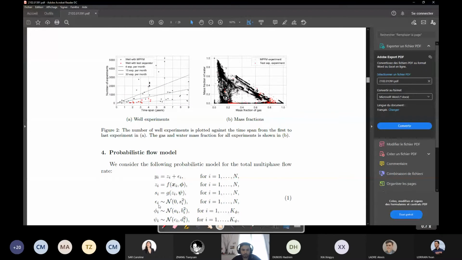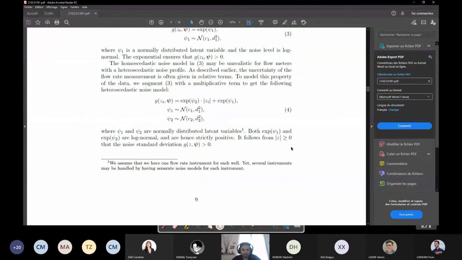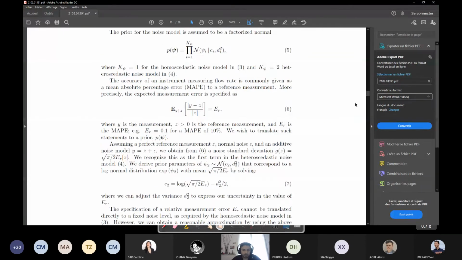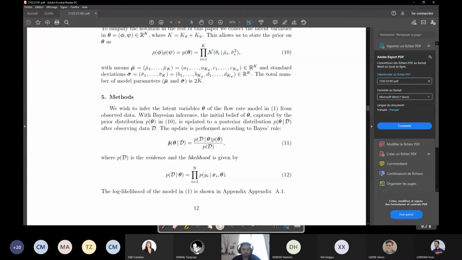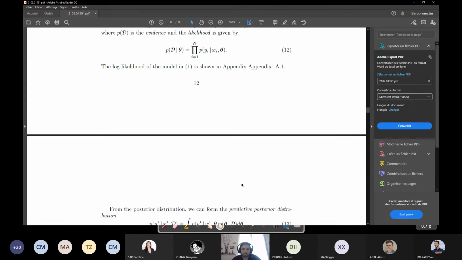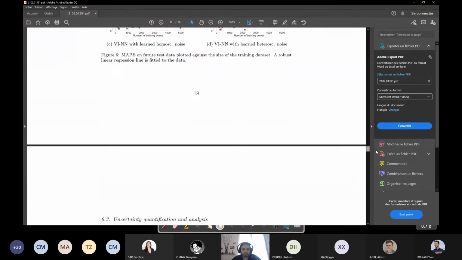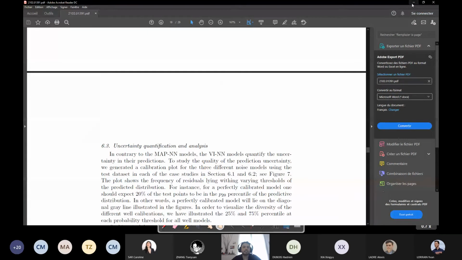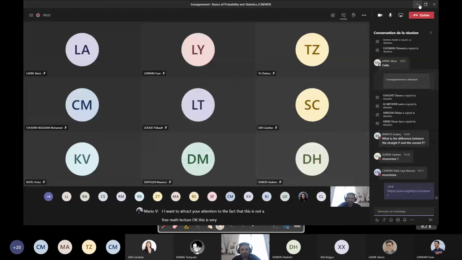Those are random variables here, epsilon i, and again you have a lot of mathematics. This is something that we saw recently, the Bayes rule, and the likelihood, which we are going to see later. But I want to attract your attention to the fact that this is not a free math lecture. This is very necessary for you.